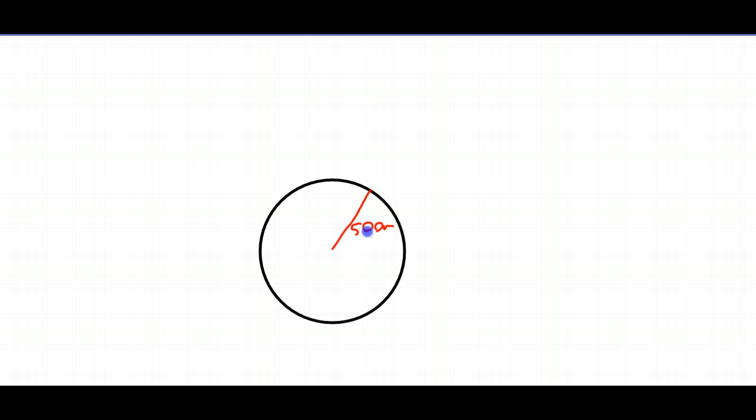And let's say that we know that this object travels 1/3 of a lap every 25 minutes. Let's just call it 25 seconds. Okay, every 25 seconds, this object travels 1/3 of a lap.